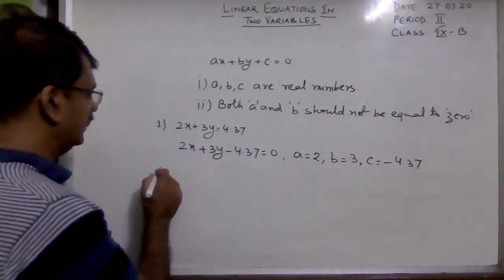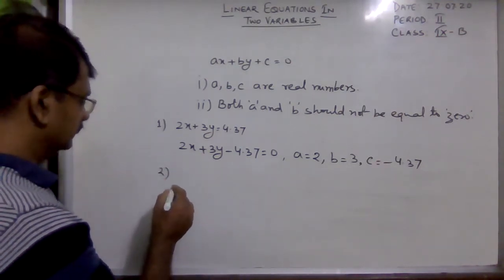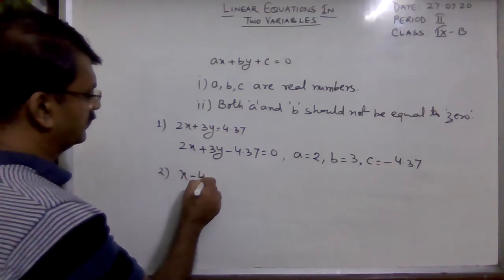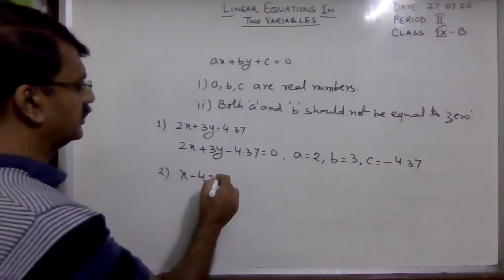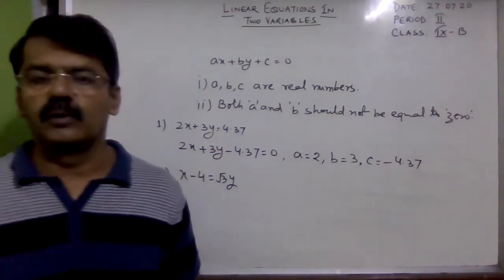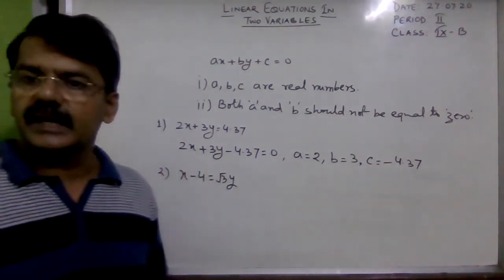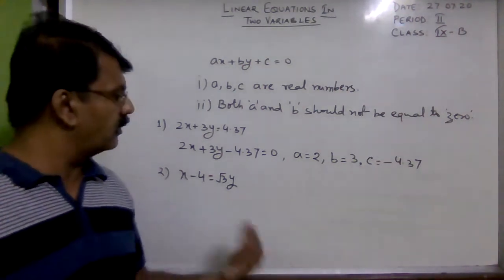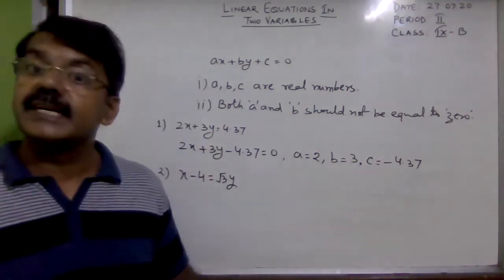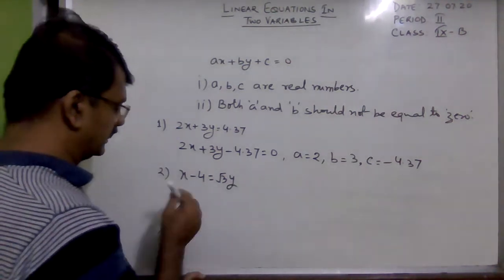The next example, x minus 4 is equal to root 3y. Once again, you write it in the form ax plus by plus c is equal to 0. So for that, you bring root 3y to this side.